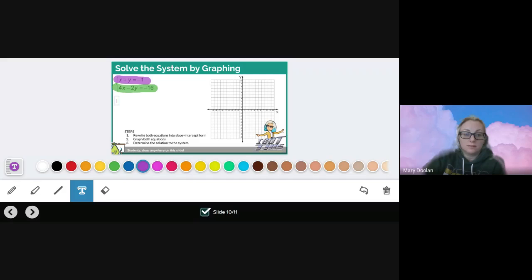y equals negative x, and it's -1. So when you move something to the other side, it changes its sign.